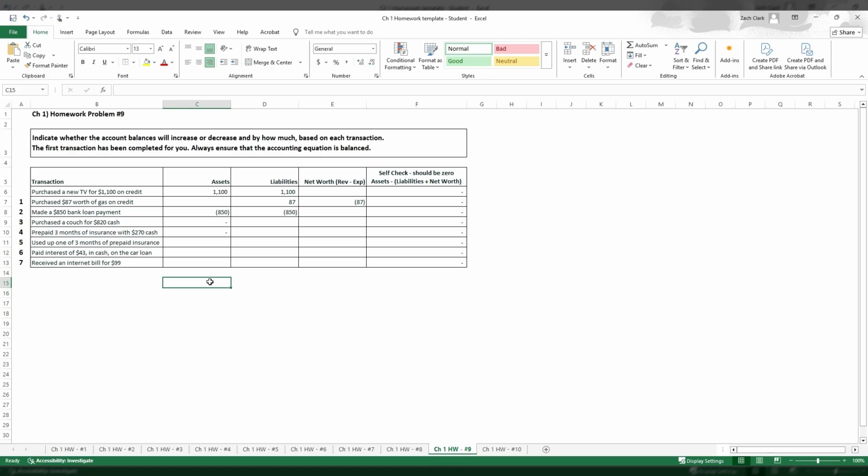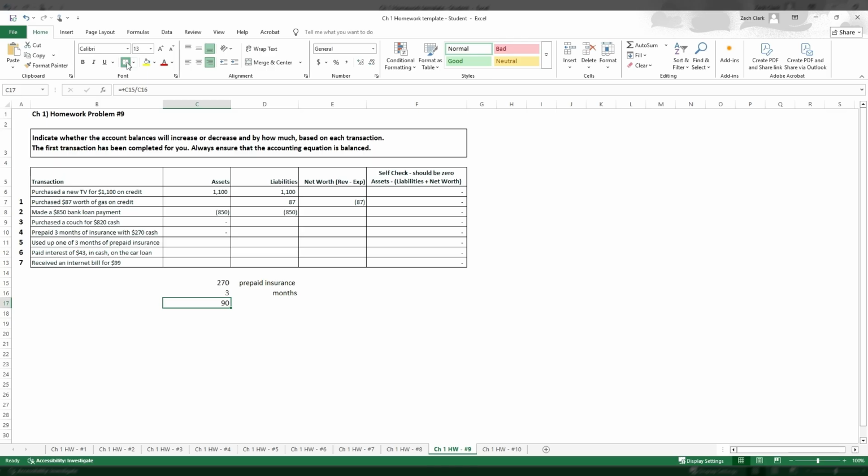And so in this instance, I'll just do a little breakdown. So we have a $270 prepaid insurance asset. That represents 3 months. So that means that every month, if we just divide those, we have $90.